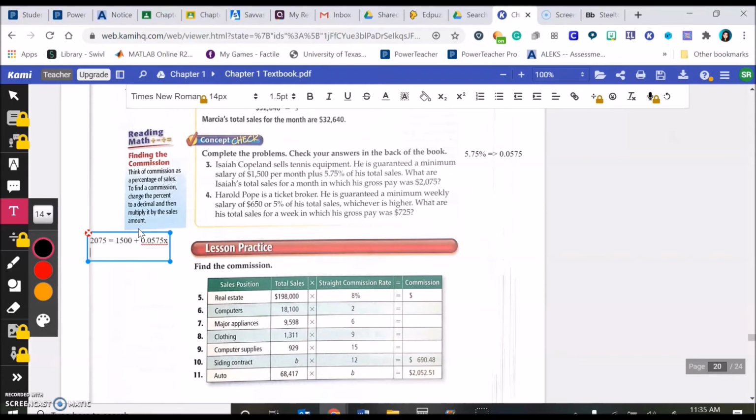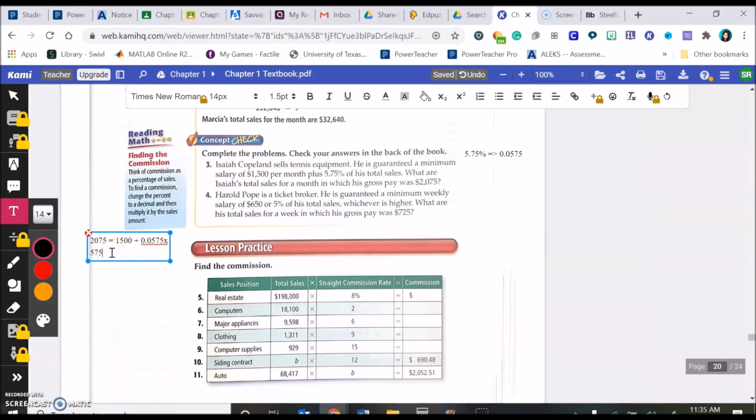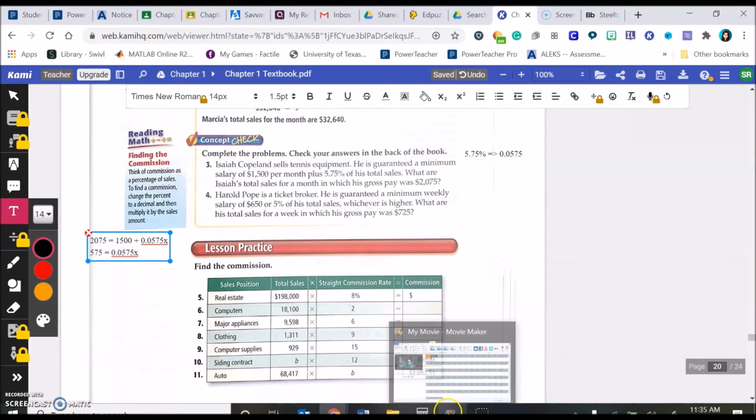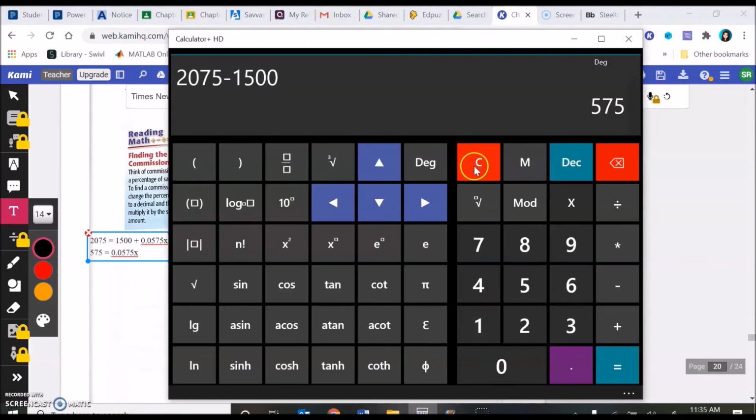I need to subtract 1,500 from both sides. So 2,075 minus 1,500 gives me 575. So 575 equals 0.0575 X. Then I divide 575 by 0.0575.